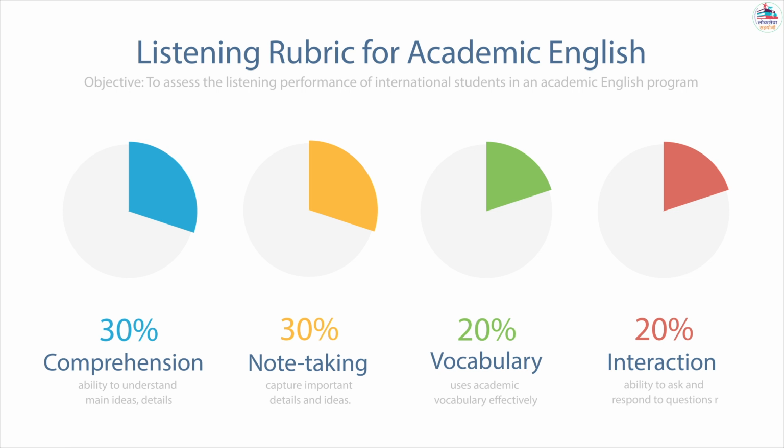So 30 points comprehension, 20 points vocabulary, total 50 points. The remaining 50 points you should focus on interaction. During listening rubric making, you should focus on interaction: students should demonstrate the ability to ask and respond to questions related to the lectures.